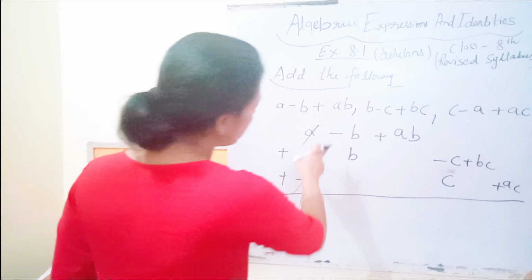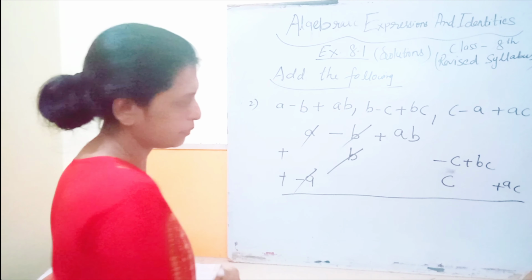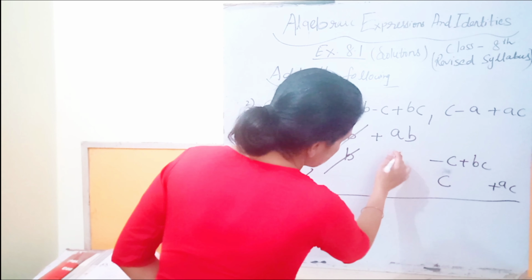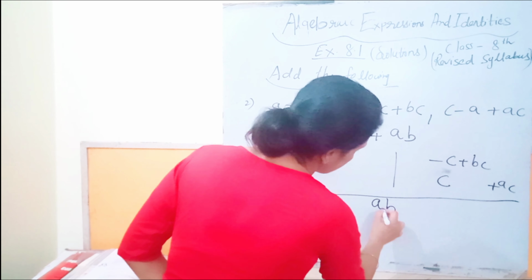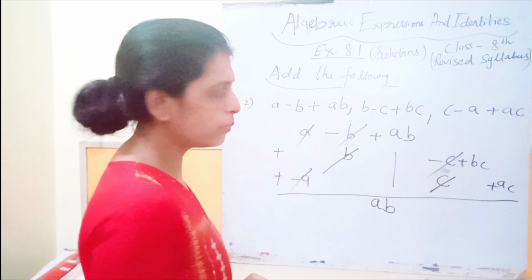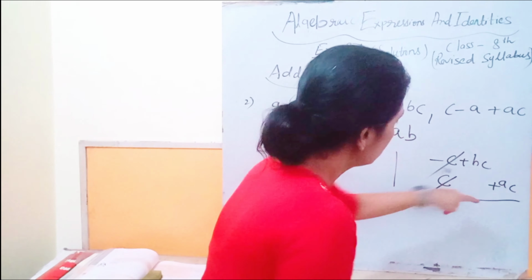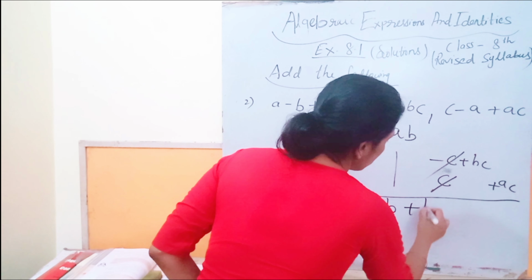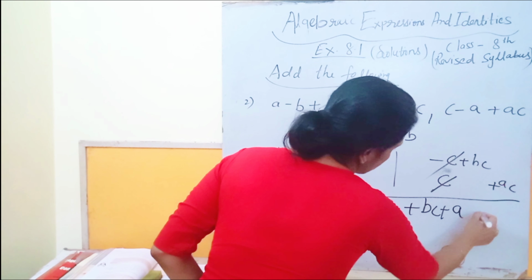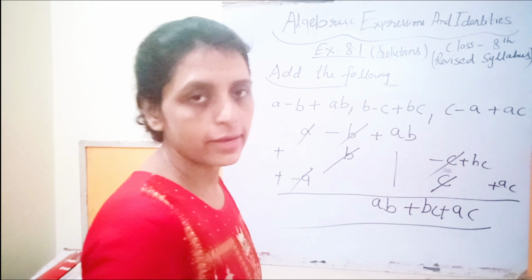Okay, similarly minus B plus B will get cancelled. Okay, and then this AB will come down here because there is nothing, it's 0, so AB plus 0 will be AB. Minus C plus C will get cancelled. Okay, plus BC, this BC will come down here. AC, there is no such term, it will come down, and the answer will be AB plus BC plus AC.